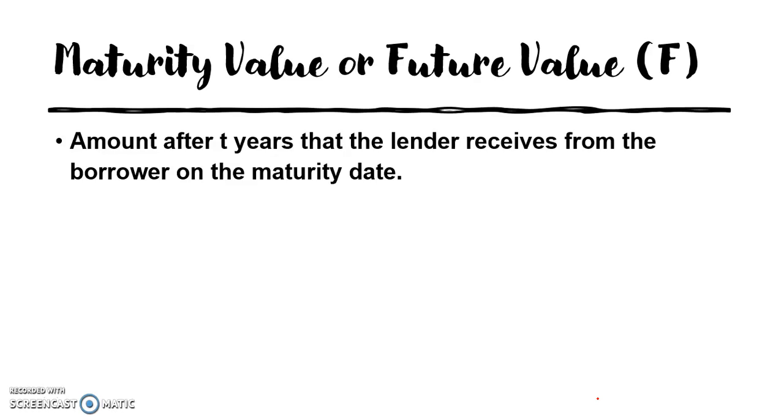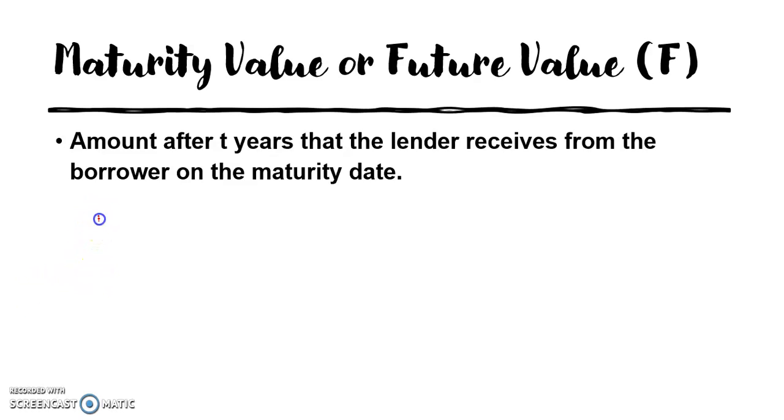Next, we have the maturity value or the future value denoted by capital F. Amount after t years that the lender receives from the borrower on the maturity date. Now, ilan ba lahat-lahat ang binayaran or babayaran ng borrower sa lender? Magkano lahat-lahat?